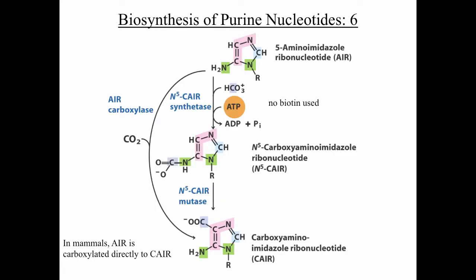Okay, so at this point, we have 3 of the 6 atoms needed for the second ring in the purine structure. So it's these 3 atoms, this carbon, and this nitrogen. And in the next reaction, a carboxyl group is attached to this nitrogen using bicarbonate as the carbon donor. And so this reaction is kind of unusual because it requires no biotin. So once we have carboxylation, then there's a rearrangement reaction in which the carboxyl group is transferred from this nitrogen to this carbon.